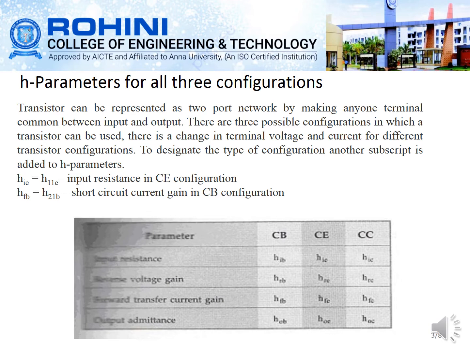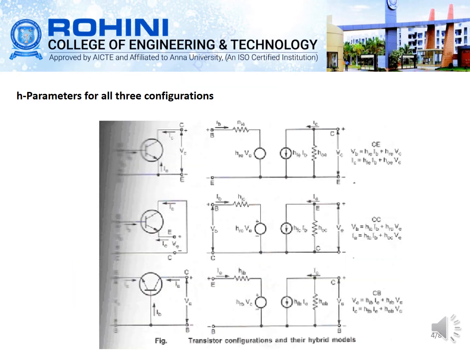Then the output admittance: in the CB configuration hob, CE hoe, and in the case of CC hoc. So you can see the H parameters for all three configurations here, that is CE, CC and CB. The first figure is the CE configuration.